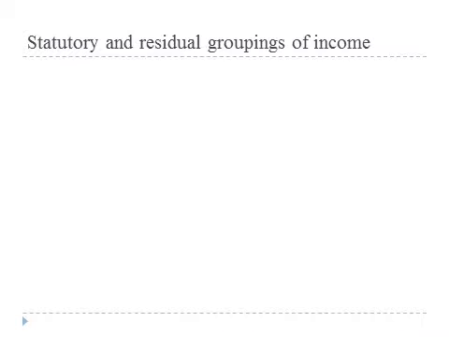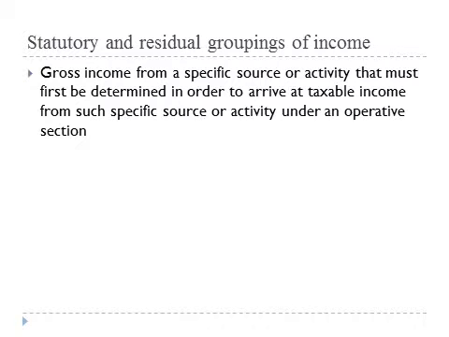Another concept we have to address before dealing with allocation and apportionment is statutory and residual groupings of income. The term statutory grouping means the gross income from a specific source or activity that must first be determined in order to arrive at taxable income from such specific activity or source under an operative section.